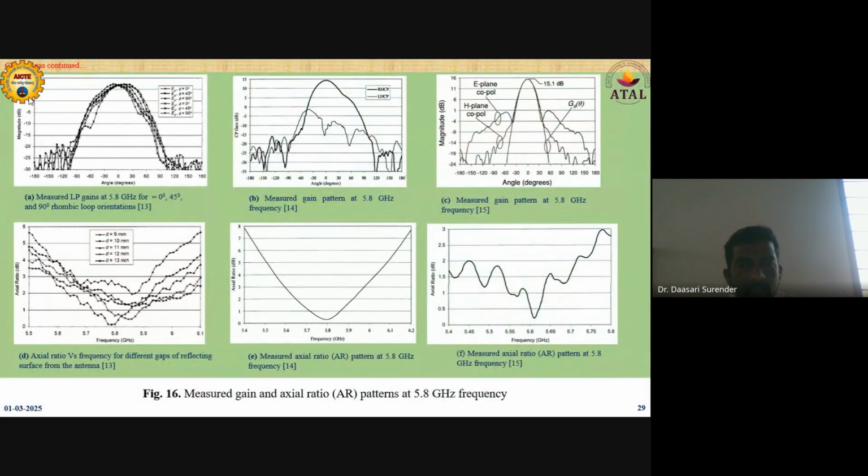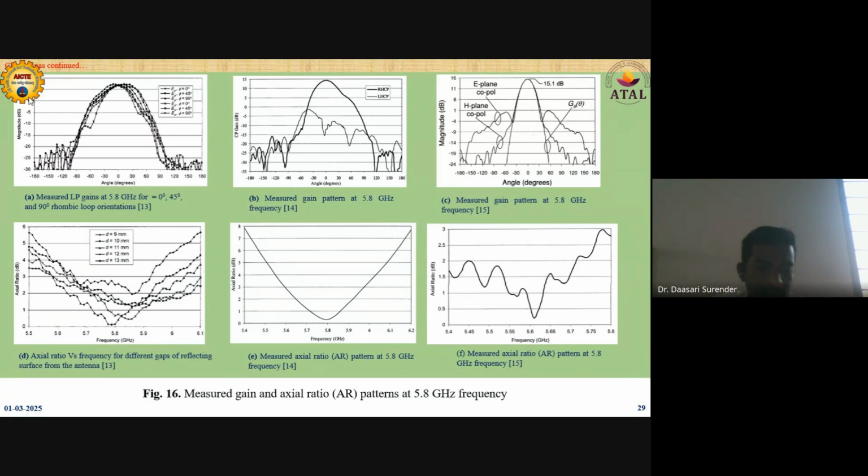When we use the array of antennas, the gain is increased to around 15 dB. That is the advantage of using an array of antennas; with an array of antennas, the gain can be increased.